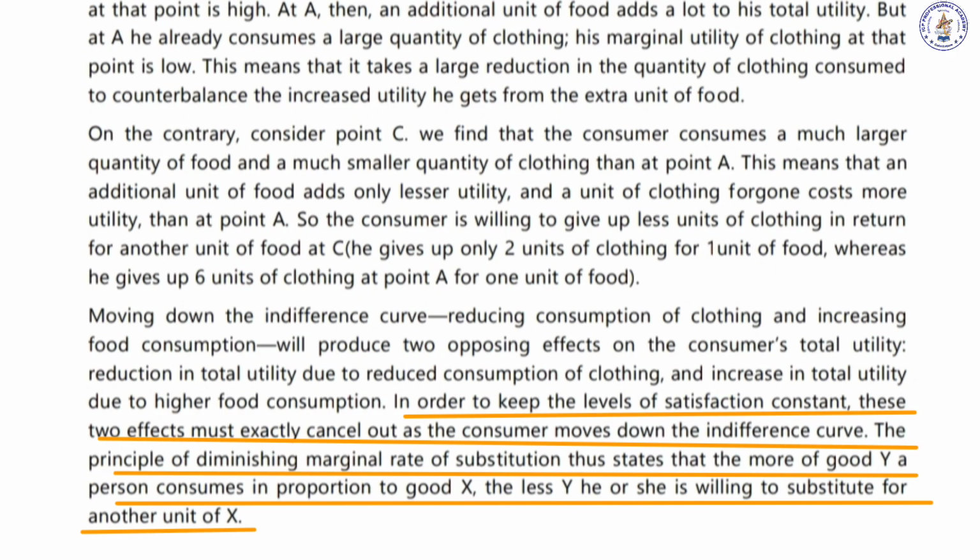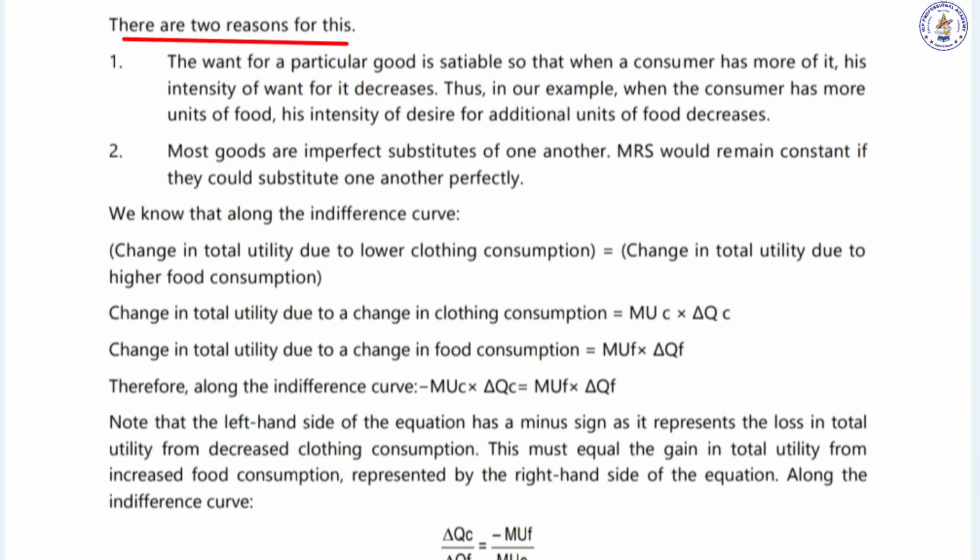The principle of diminishing marginal rate of substitution thus explains that the more of good Y a person consumes in proportion to good X, the more he is willing to substitute for another unit. But when he starts consuming more and more of X, he is ready to give up only less and less of the other good. That is what has been explained in this curve. There are two reasons for this.